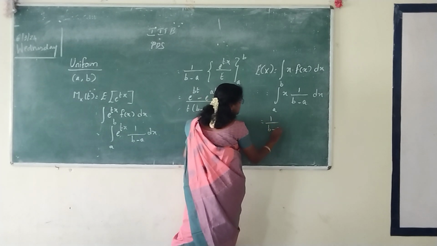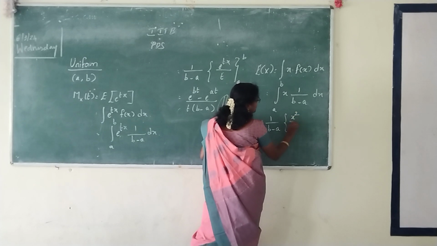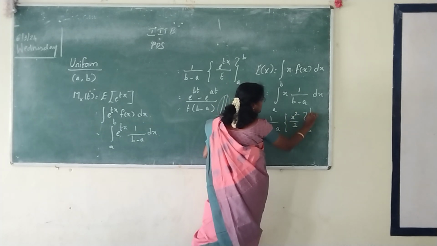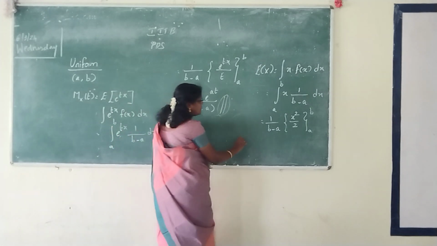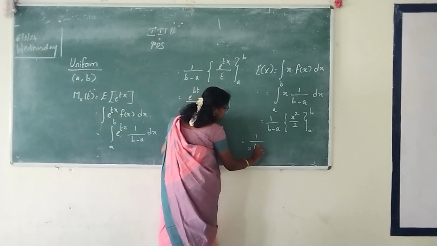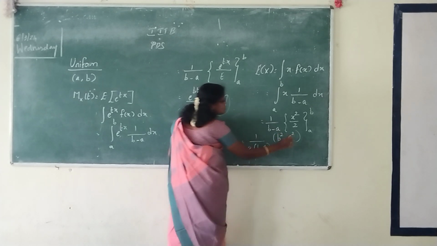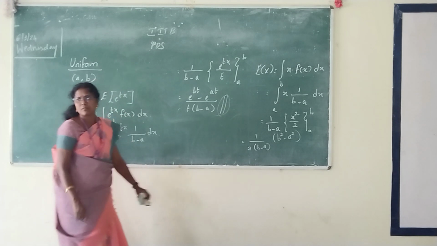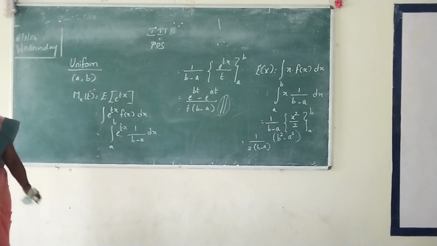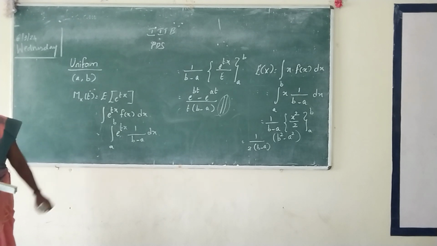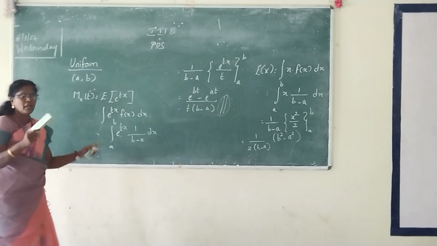So 1 by b minus a is your constant. Take it outside. What is the integral of x? x square by 2, within the limit a to b. What is the upper limit? b. So you will take 1 by 2 into b minus a, b square minus a square. It is a square minus b square formula. So what will be the answer? b minus a into b plus a. a and b are interchanged.